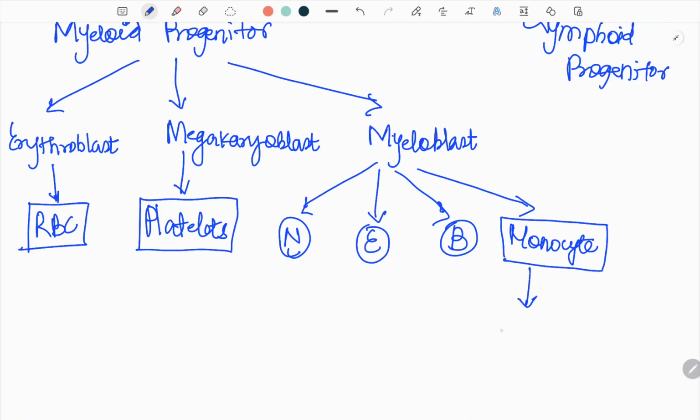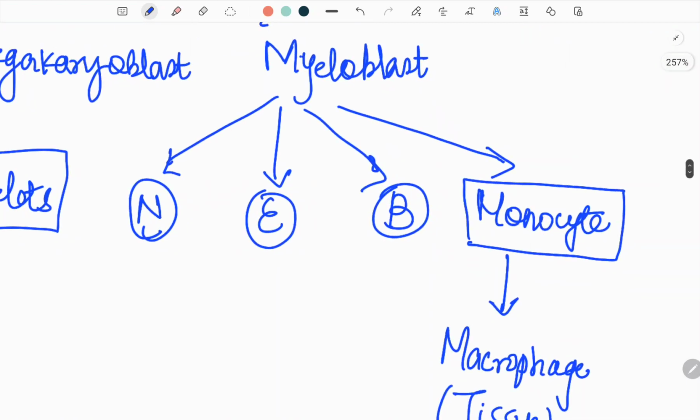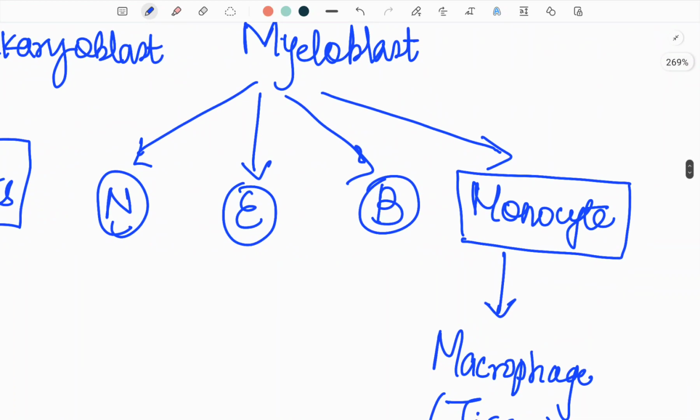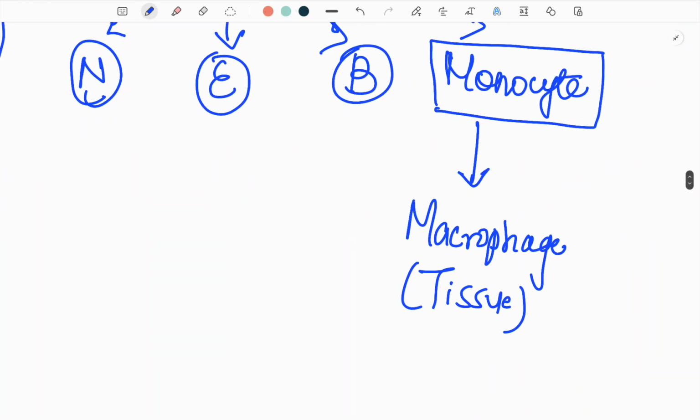Monocyte further divides into macrophages when it goes into tissue.